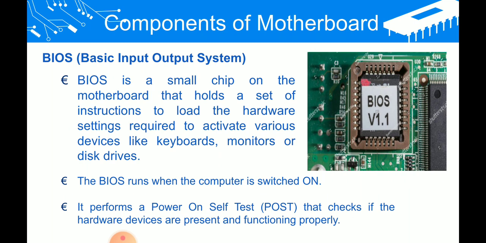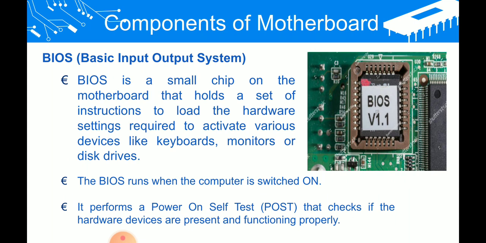BIOS works when the computer is switched on. It checks whether the hardware devices are present and working properly. The latest PCs will have flash BIOS, which can be upgraded to the latest devices. That is, when the processor is upgraded, flash BIOS can also be upgraded.